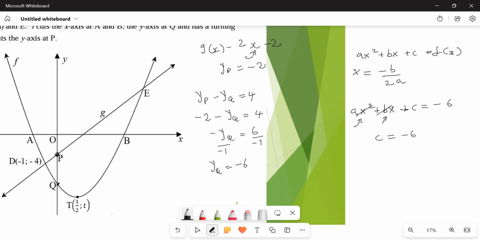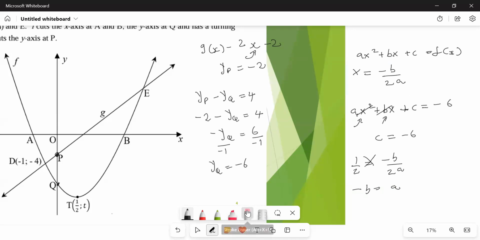So 1 over 2 is equal to minus b over 2a. Then cross multiplication: 2a multiplied by 1 is 2a, and 2 multiplied by minus b is minus 2b. Then we divide both sides by 2.